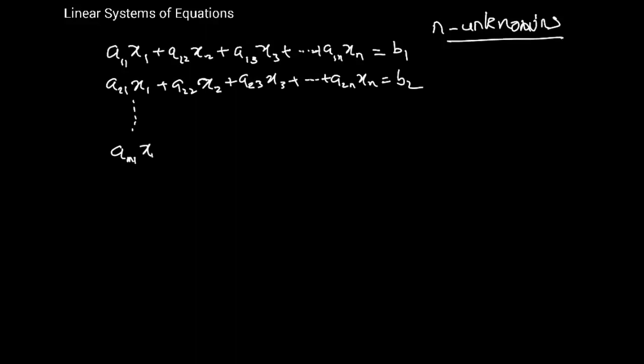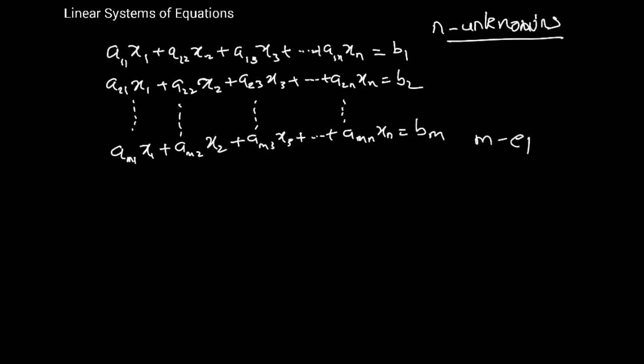So we have am2 x2 plus am3 x3 up to amn xn equals bm. There are m right-hand sides because there are m equations. So in this system we've got m equations.